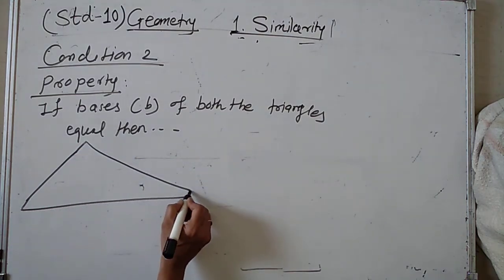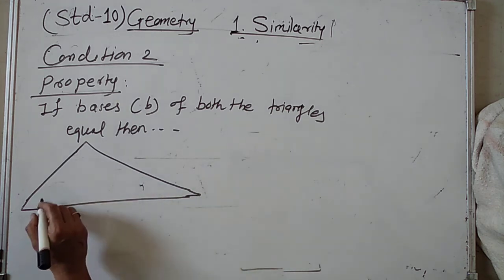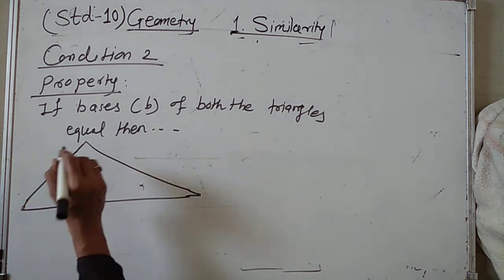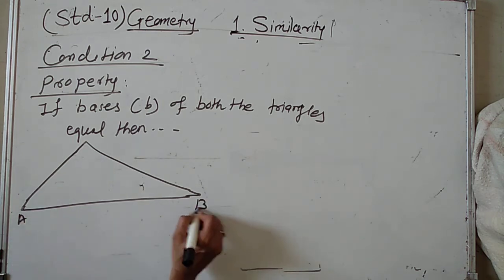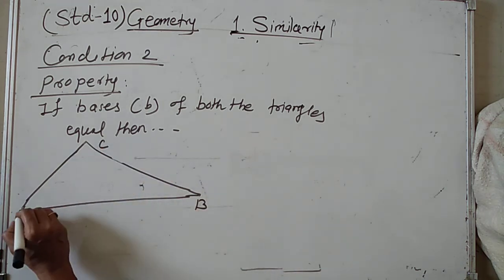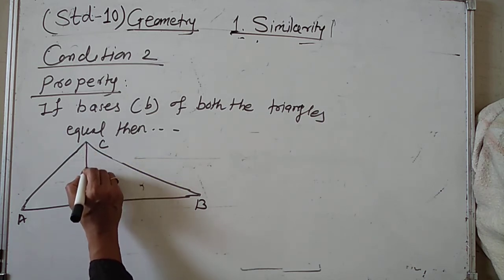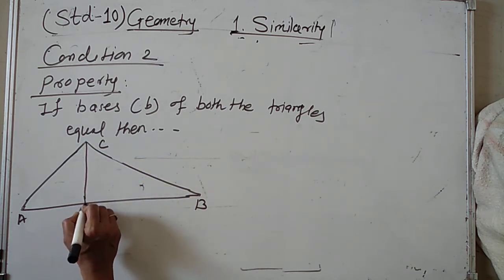now in these two triangles the bases are equal. The first triangle is ABC, and here the height is AD.